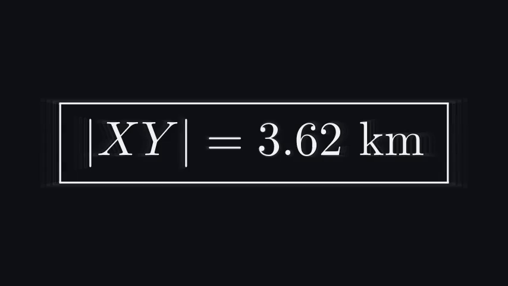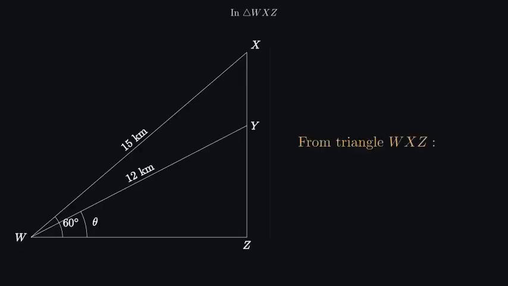So the length of XY is 3.62 kilometers. To summarize, from triangle WXZ, we use cosine to find length of WZ equals 7.5 kilometers. Then from triangle WYZ, we use cosine to find the angle of elevation of Y from W. Next, from triangle WXZ, we use sine to find length of XZ equals 12.99 kilometers.